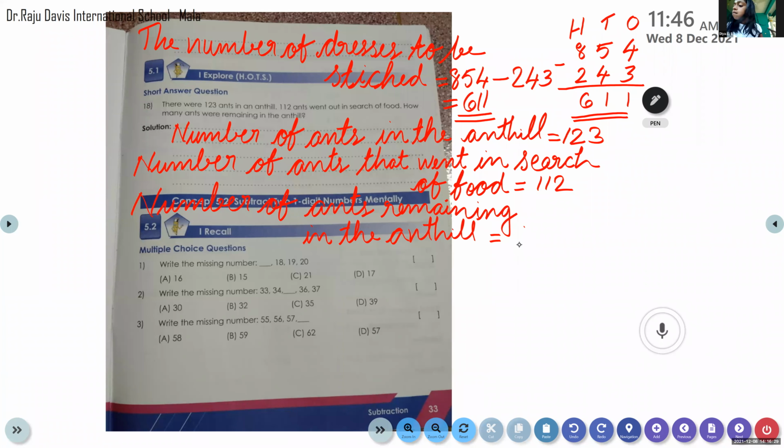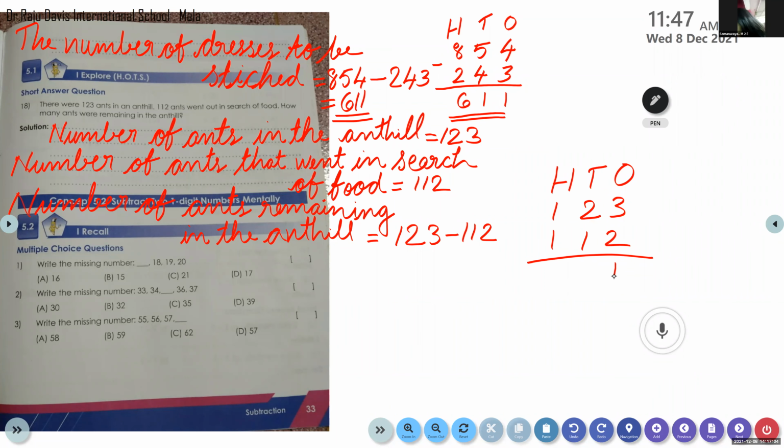Equal to, we have to subtract 123 minus 112. Arrange the numbers: hundreds, tens, and ones. When someone says the answer, we can't write the answer.